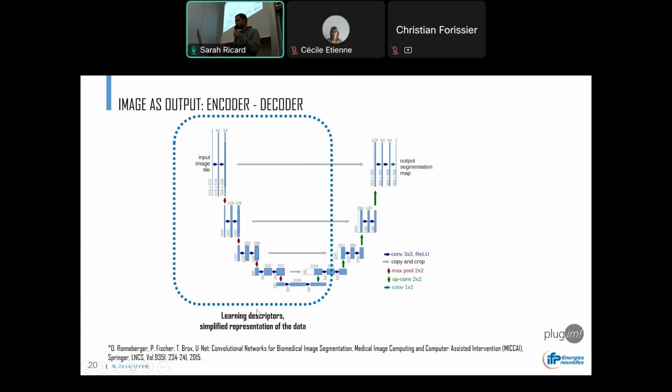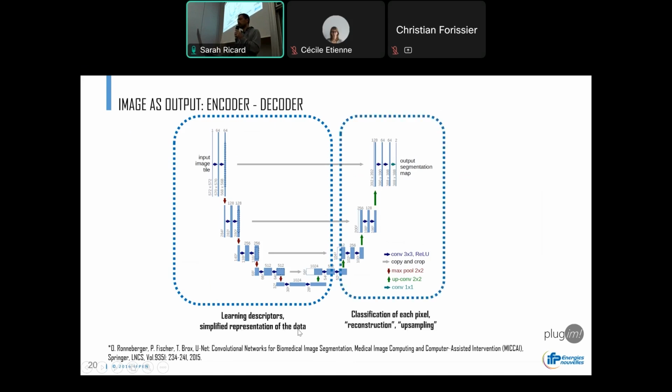So you learn a description of the data and you obtain a simplified representation of your data. Then you have a second part in your operation. It's the decoder part, okay? And it's very similar.